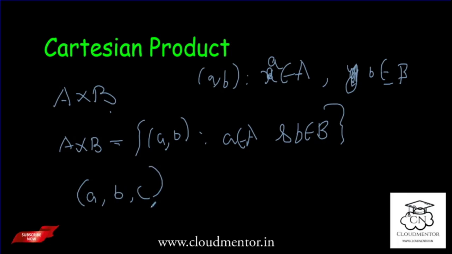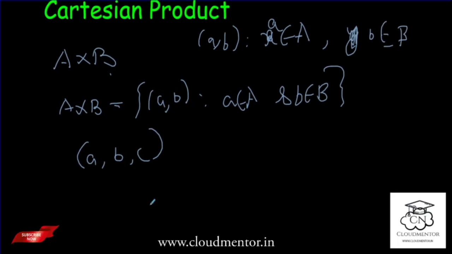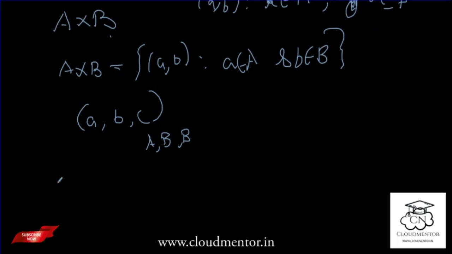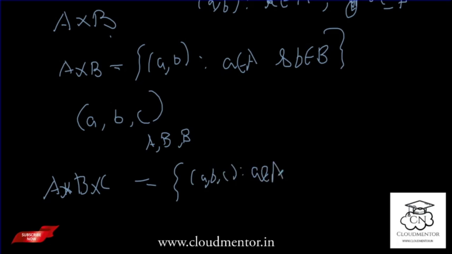The set of all ordered triplets is called the Cartesian product of the three sets A, B, C. We can write it as A cross B cross C, that is equal to the set of (a, b, c) such that a is an element of A, b is an element of B, and c is an element of C. So this is the definition.